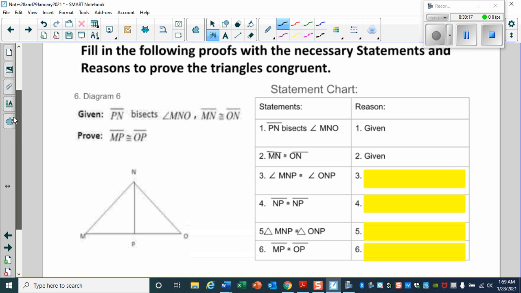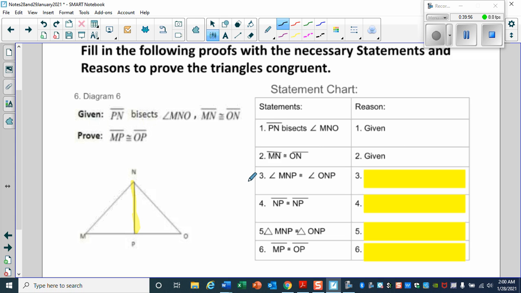Number 6. Again, PN. So this one right here. NP bisects MNO. So once this is the case, that's going to help us.